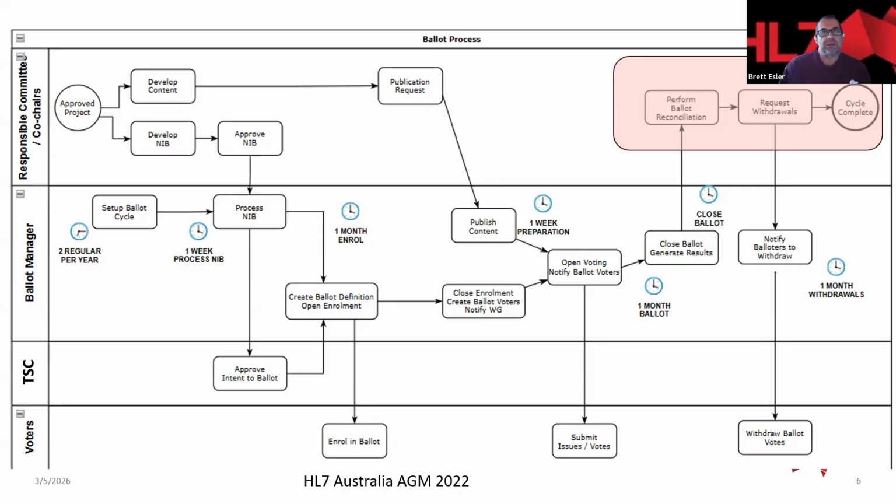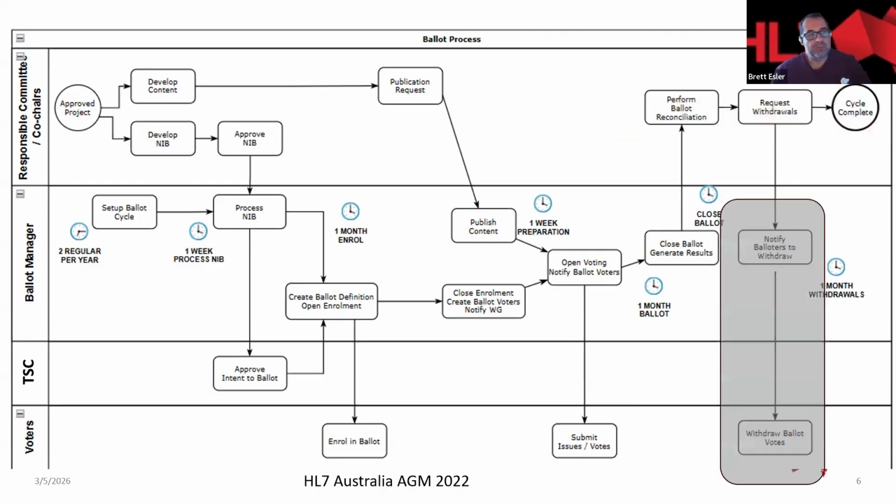So once the committee has completed its work, it's considered all of the issues in ballot. Typically, there will be a request to withdraw votes that are negative from the participants. So an official notice will go out to participants to consider withdrawing their negative votes.